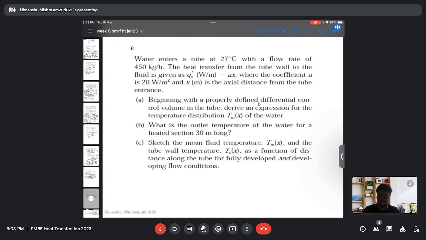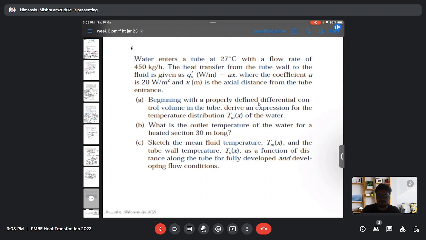So let's start with question number 8. This PDF is already uploaded in the week 6 Google Drive, so you can access it. This problem is related to pipe flow, and it says that water enters a tube at 27 degrees Celsius with a flow rate of 450 kg per hour.